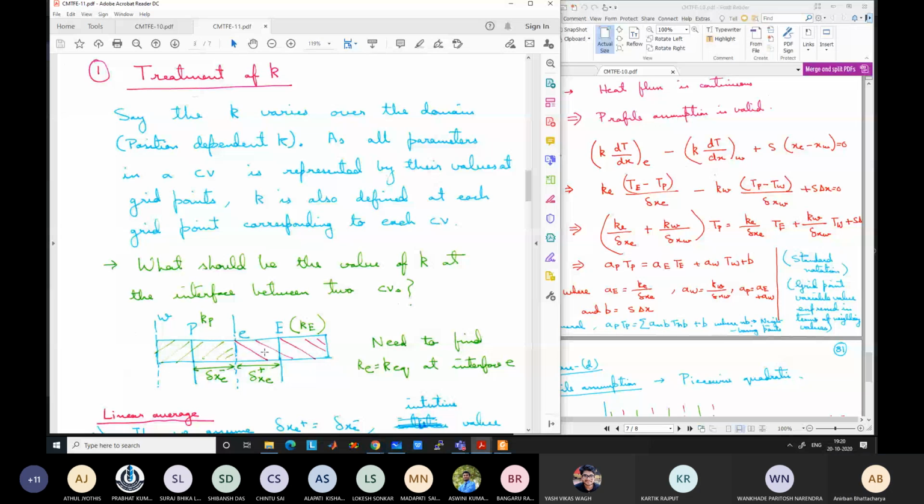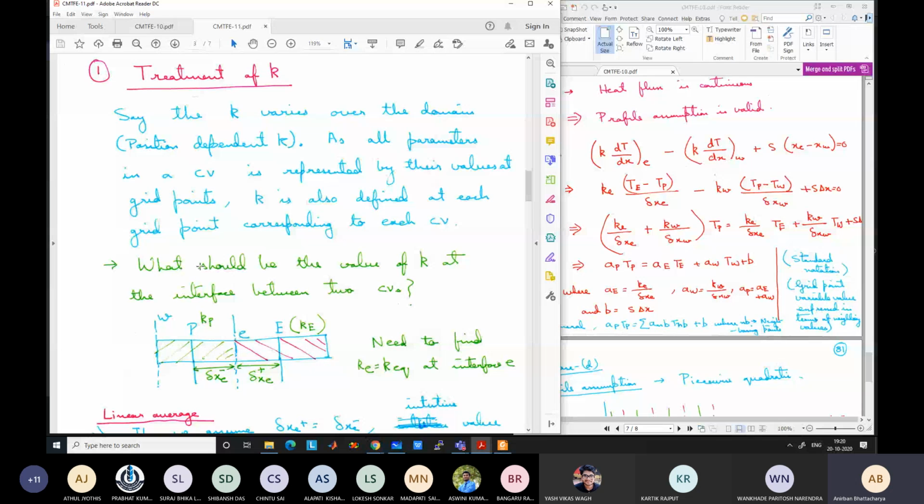So there is a sudden jump in thermal conductivity. So if you just intuitively calculate the interface thermal conductivity, as we will see, you will get it wrong. Okay, so proper treatment is needed in those cases. But for most common cases, you will still get a correct solution intuitively also. Let us see what the problem is.